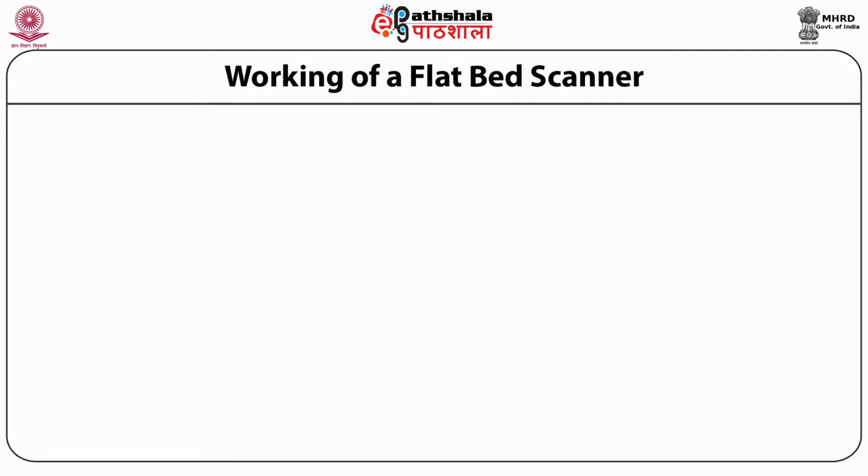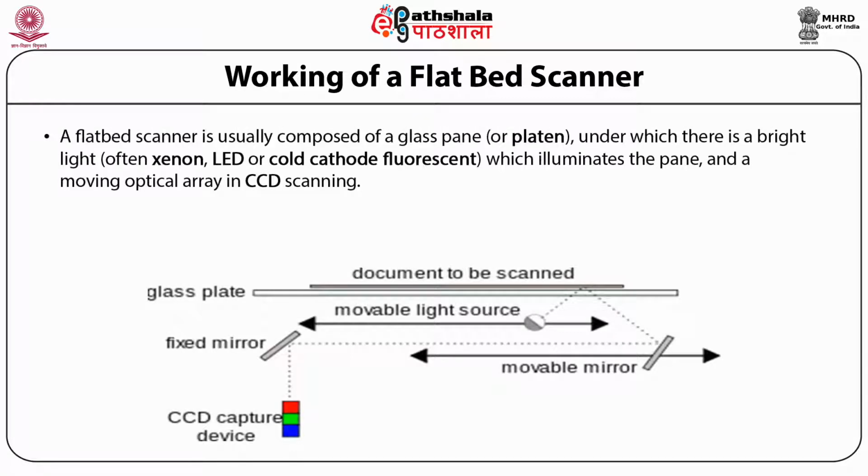Working of flatbed scanner. It explains the mechanism of how a flatbed scanner works. In a flatbed scanner, there is one glass plate, one movable light source, one movable mirror, one fixed mirror, and one CCD capture device. When we keep a document to be scanned on the glass plate, the movable light source automatically moves from one side to the other along with the movable mirror at a standard distance.